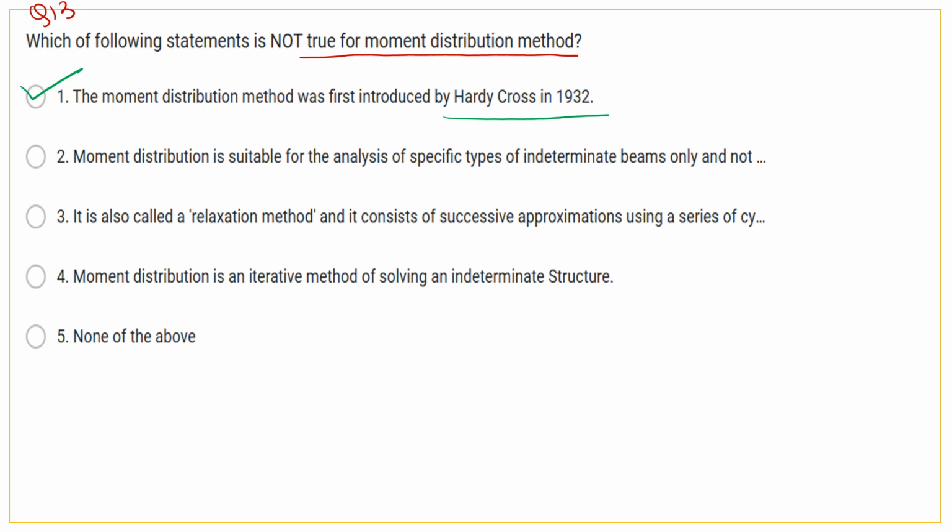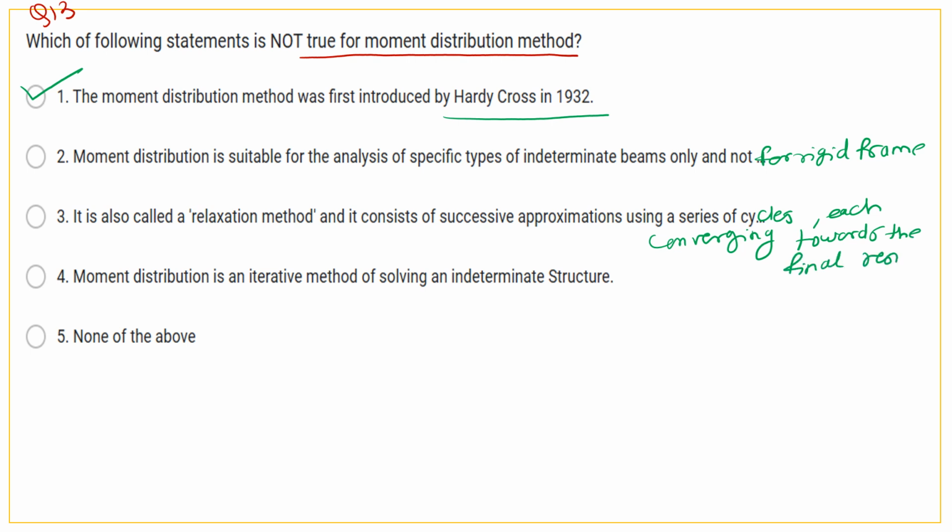Second statement is the moment distribution is suitable for the analysis of specific types of intermediate beams only and not for rigid frames. And the statement after this is cycles each converging towards the final result.